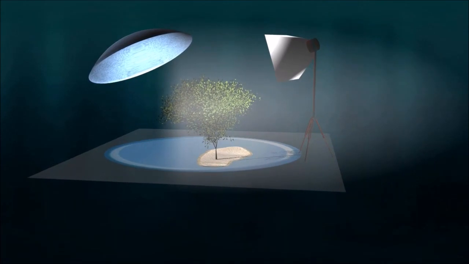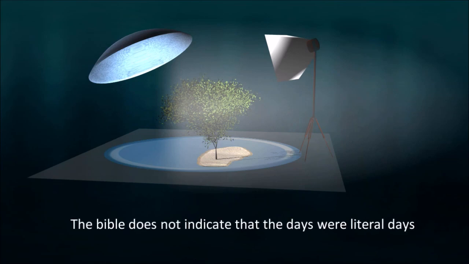He created the vegetation and the land appeared. So it's interesting to notice that the vegetation would have survived in this ambient light. And then it says the third day.